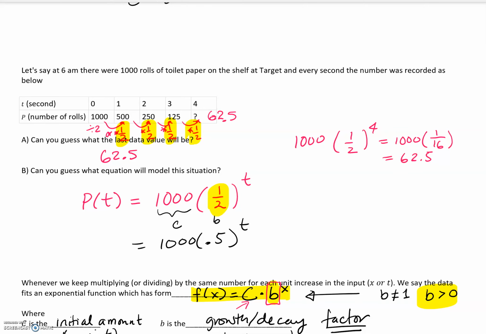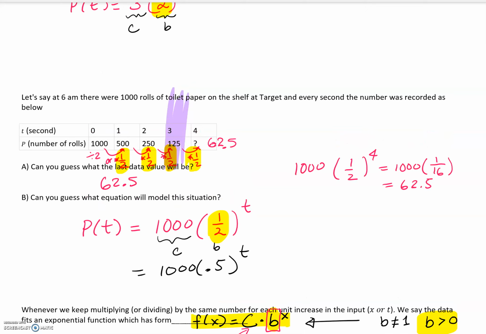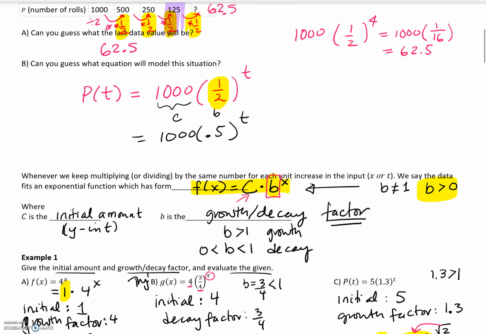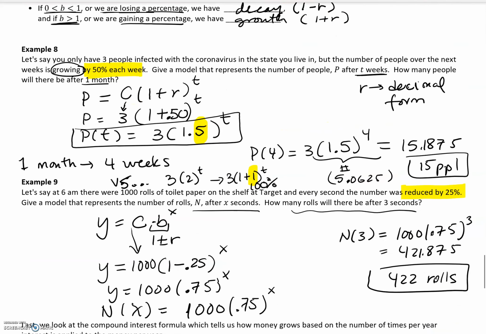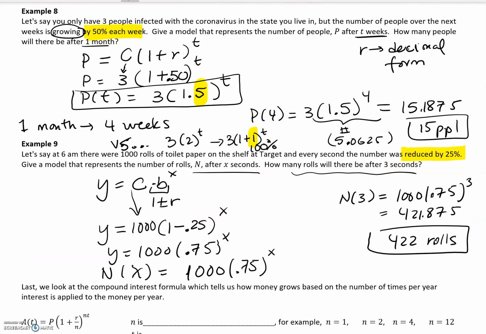If I have a 0.5, by the time I get to the 3rd second, I only have 125 rolls left. Because I'm decaying much quicker, I'm losing 50% every second versus only losing 25% in the problem that we just looked at. So a 50% loss starting with 1,000 versus a 25% loss, which is what we did down here, left me with 422 rolls after 3 seconds versus the 125 for a quicker decay there.